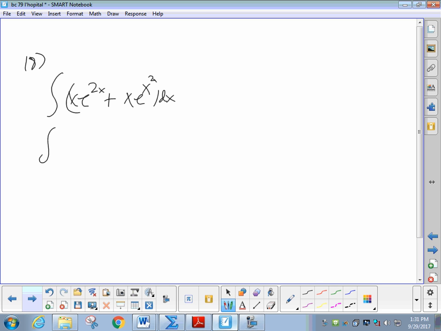I think the intention is that you integrate each part of the sum separately, which in sums you surely may do, not products or quotients. Now, this is a product where one is not the derivative of the other. So I would say, maybe integration by parts.